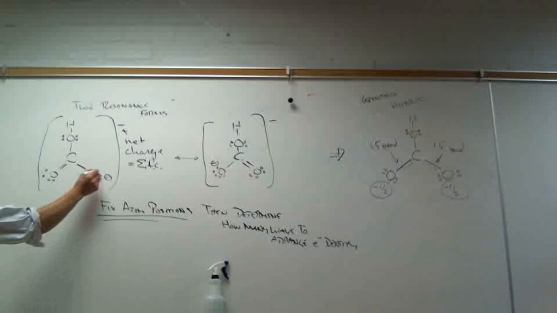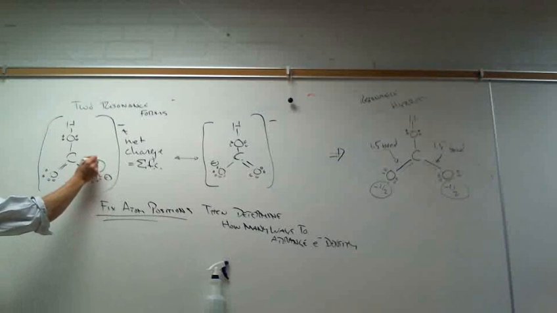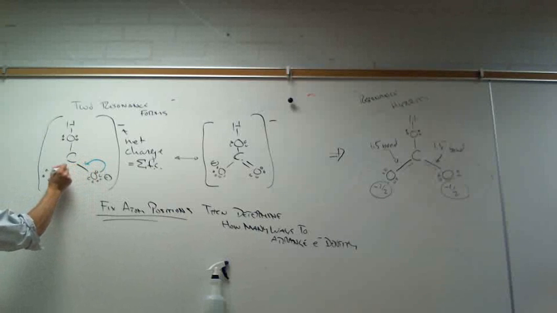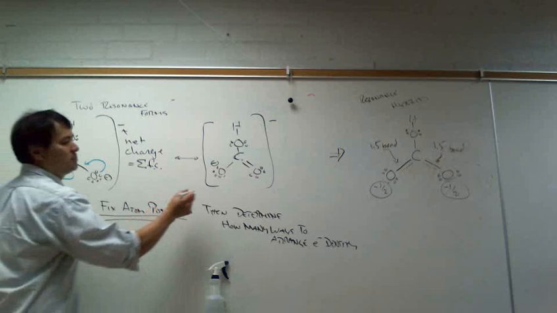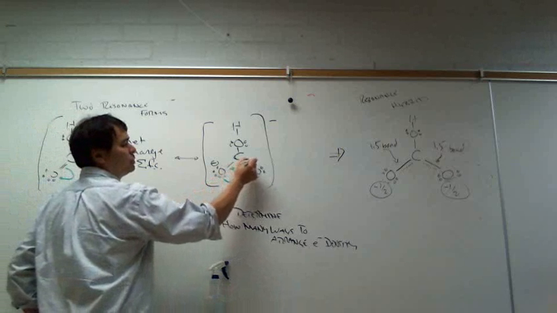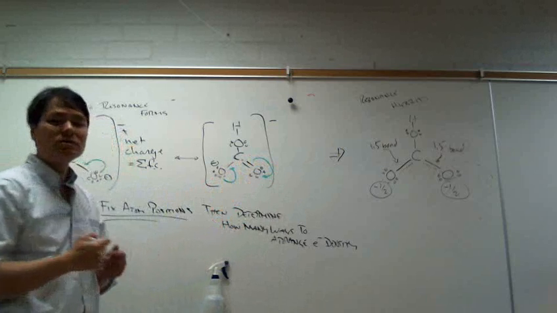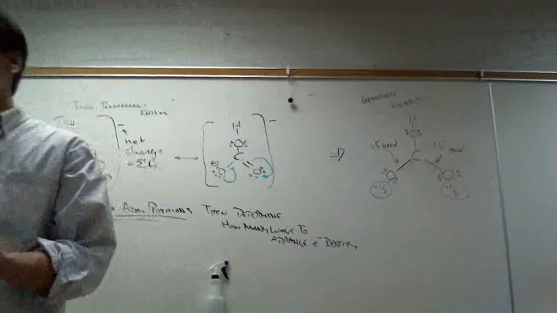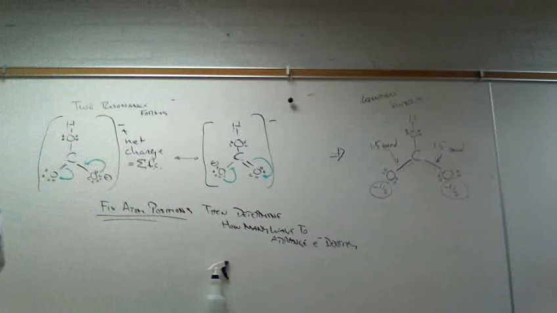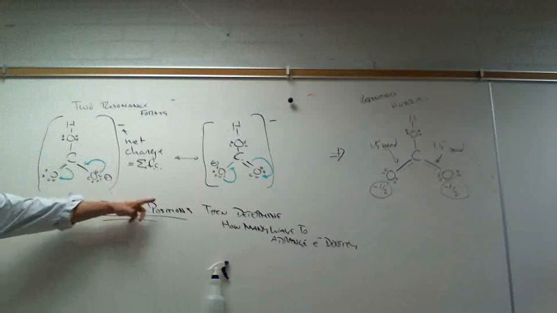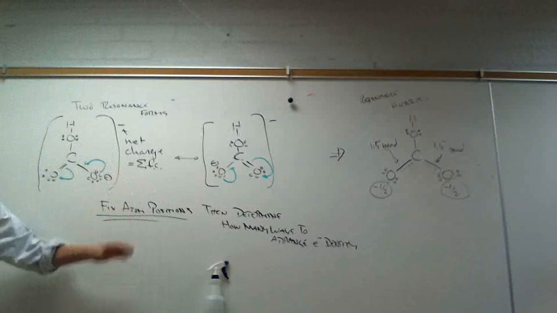What can happen is this pair of electrons can drop into the bond, which pops this pair of electrons out. And this pair of electrons can drop into the bond, which is going to pop these electrons out. Do you see that by rearranging the electron density, we can convert from one structure to the other?